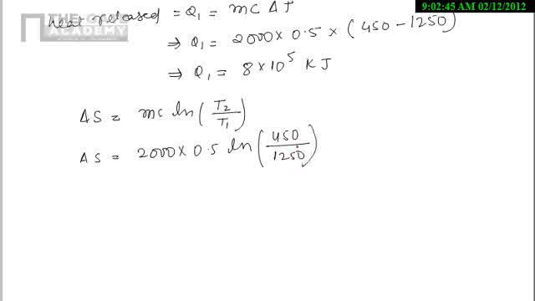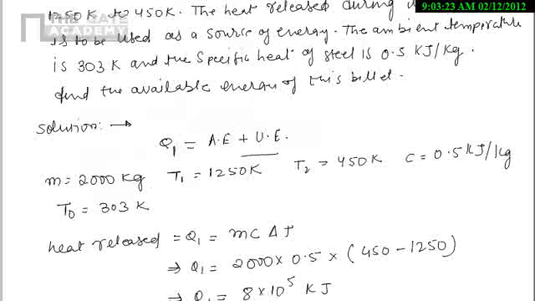Now let's calculate this. 450 divided by 1250, and if we take the log of this, it will be minus 1.21 into 0.5 into 2000. So del S will come 1021.65 kilojoule per Kelvin. Again I am not taking the sign, because for this formula there is no need of sign, we just have to put the value.